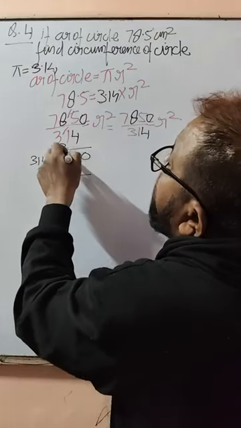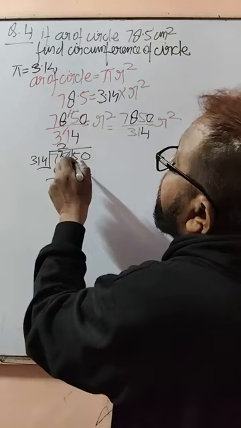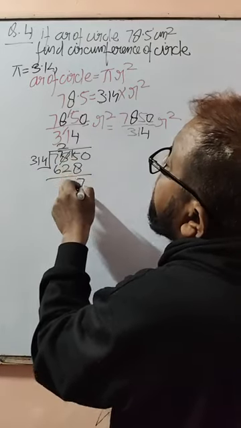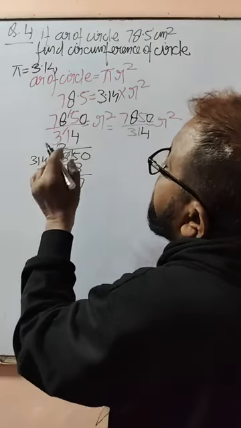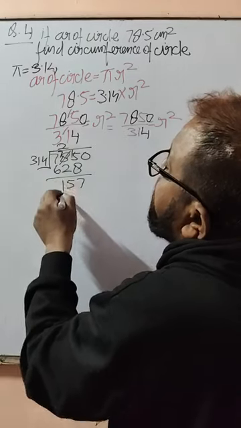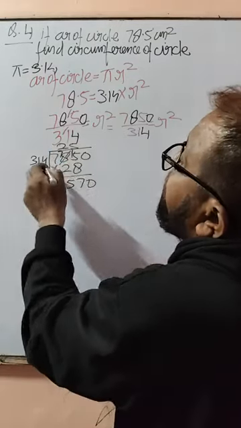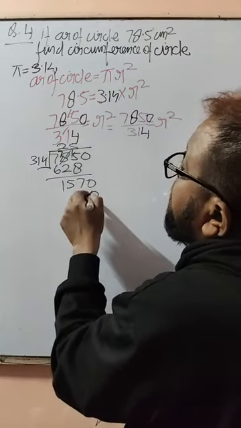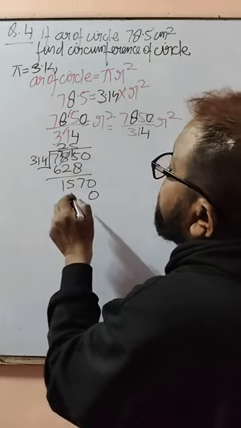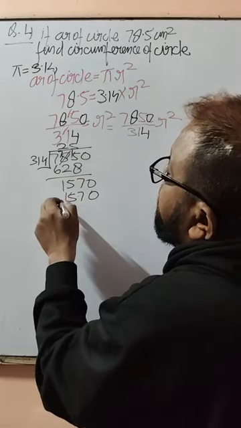We borrowed from here. 15 minus 8 becomes 7. 7 minus 2 becomes 5. We take 5 here. 5 times 4 becomes 20. 5 times 1 becomes 5 and 2, 7, and 3 times 5 becomes 15.